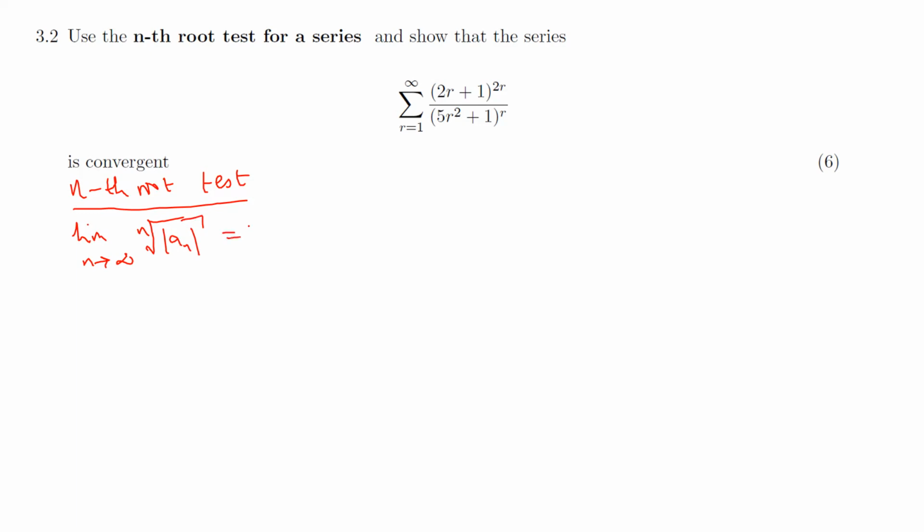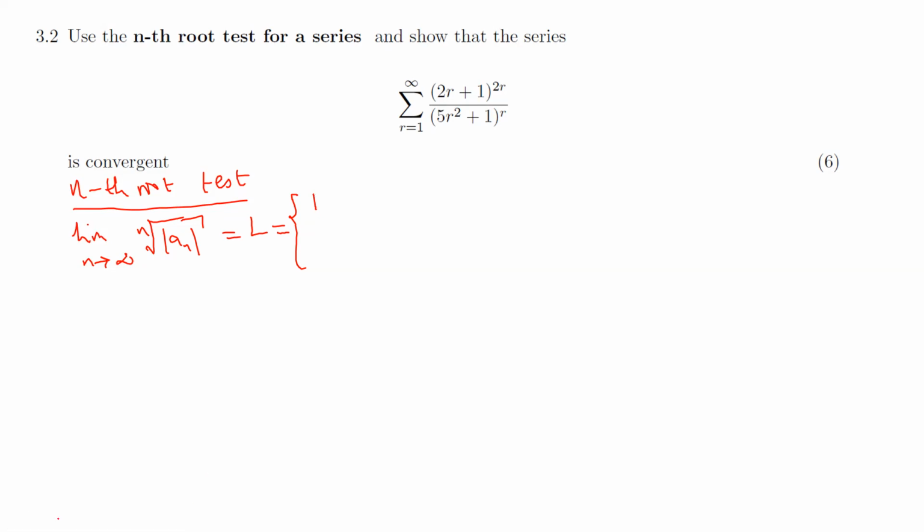Okay, so in this limit, you take the nth root of the absolute value of a_n, and then you have 3 cases. So the limit L can either be equal to 1.